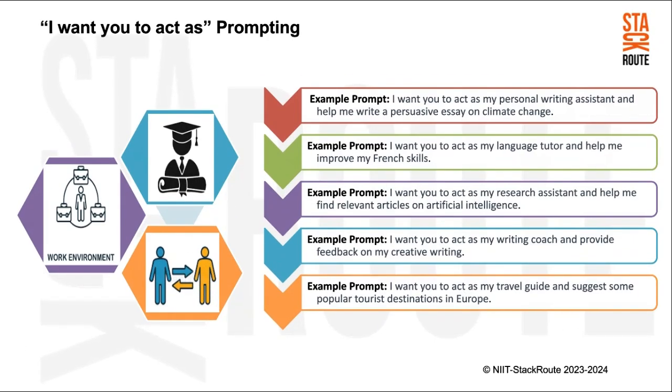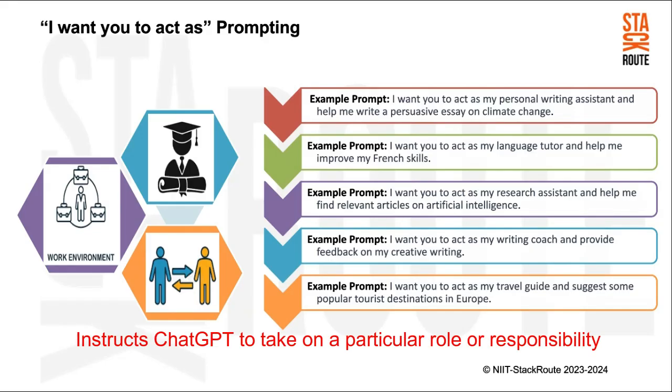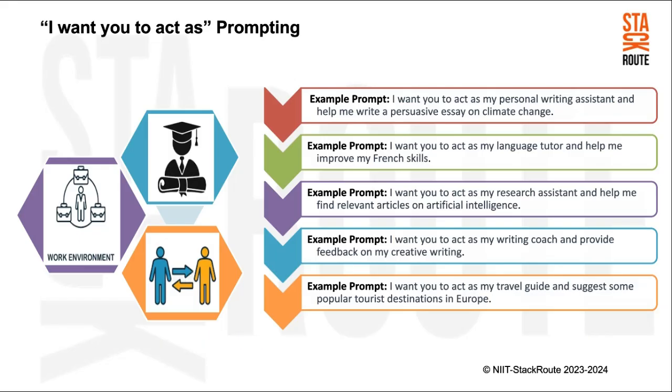So here the prompt I want you to act as is a directive statement that instructs ChatGPT to take on a particular role or responsibility. It is a common type of prompt used in various contexts such as in work settings, educational environments, and personal relationships. This prompt is often followed by a specific task or expectation.